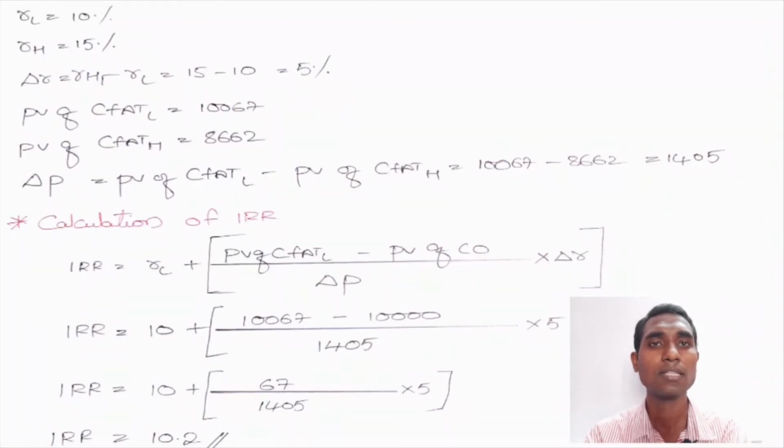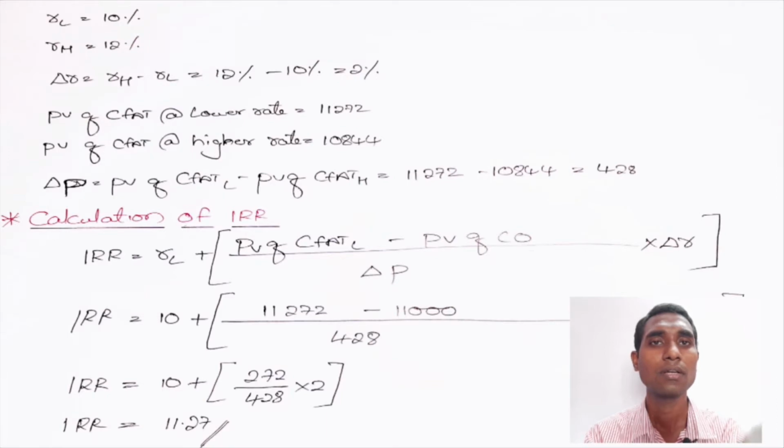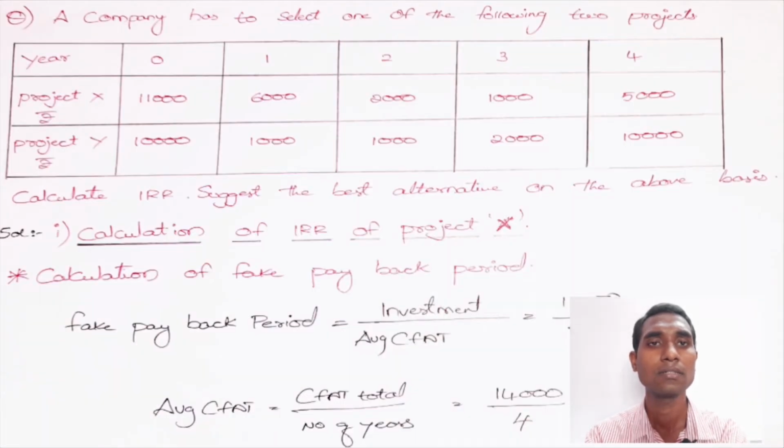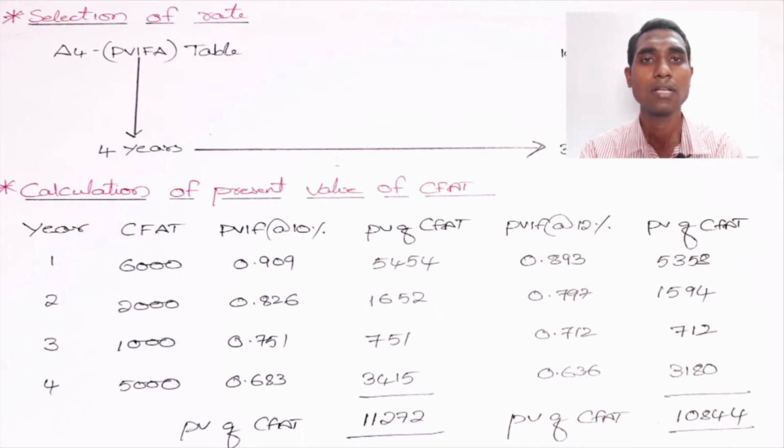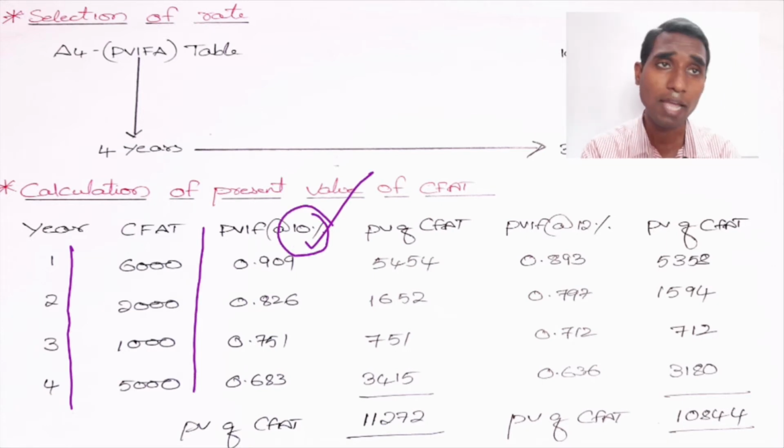Now after the selection of the rate, I need to calculate the present value of CFAT. So now I have the 4 years of CFAT and I will try at 10%, the rate I found.